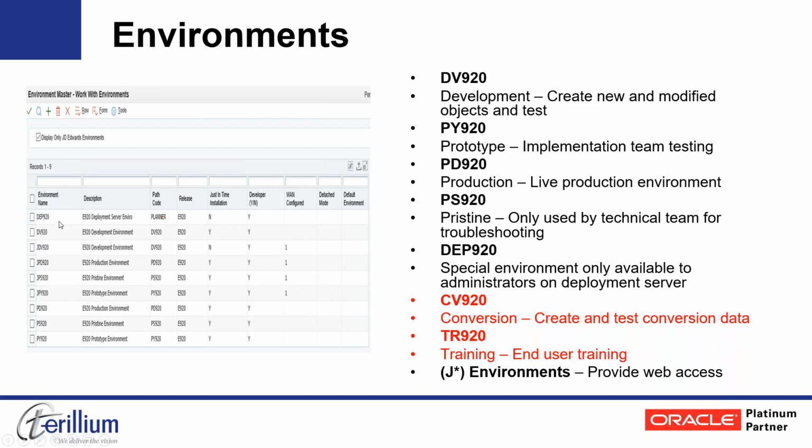You will notice that there are these additional J environments in your environment master tables. The J environments use the exact same object set and the exact same data set as the non-J environments. The only difference is where they process their business logic. These are meant for your web users.